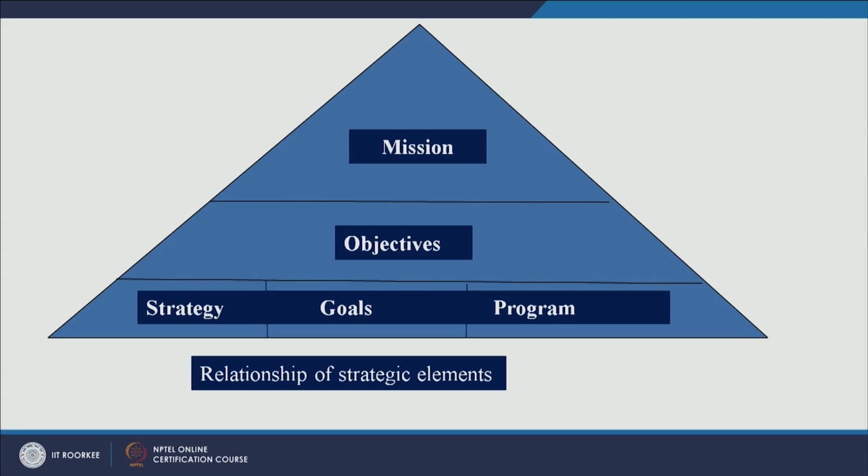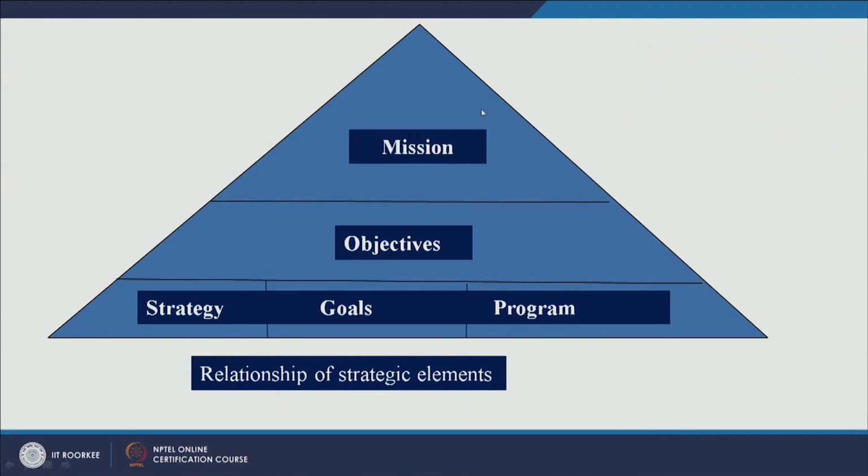Now, there is always a relationship between strategies and projects. So, at the top you have got mission of the organization, then you have got objectives, you have got several strategies.